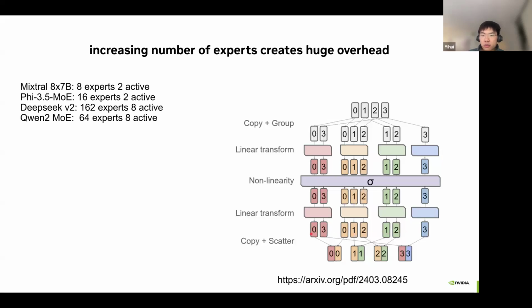At this step, you would have a scatter and a copy operator. Depending on the top K, say the top K is 8 here, each of the hidden states would be copied 8 times, which is a very huge overhead. And after the expert operation is done, there's another 8 copies of it here.